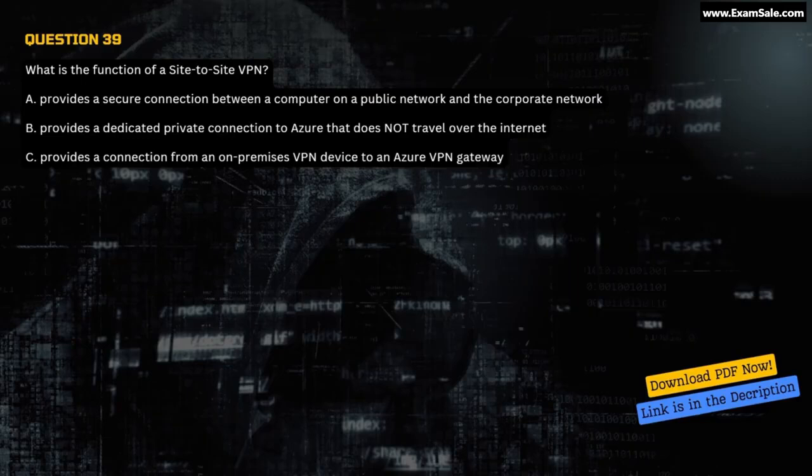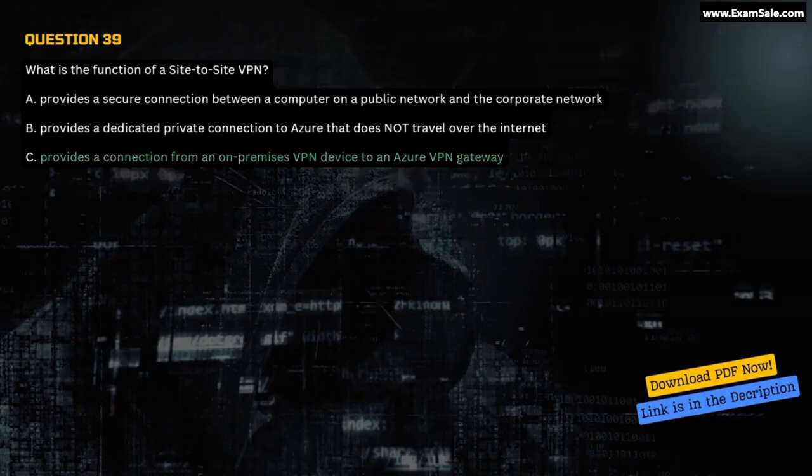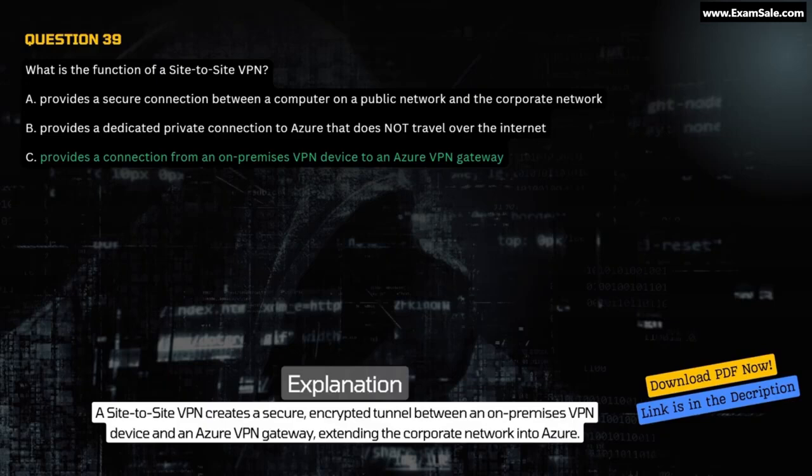Correct answer, C. Explanation. A site-to-site VPN creates a secure, encrypted tunnel between an on-premises VPN device and an Azure VPN gateway, extending the corporate network into Azure.